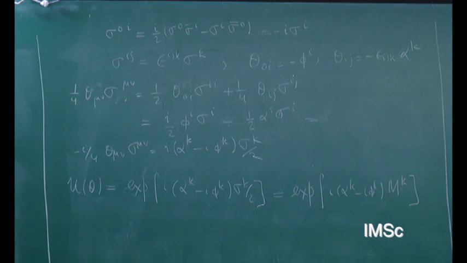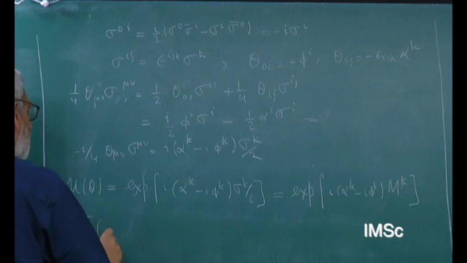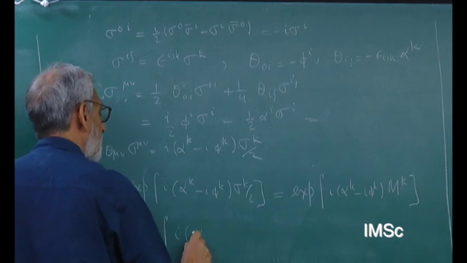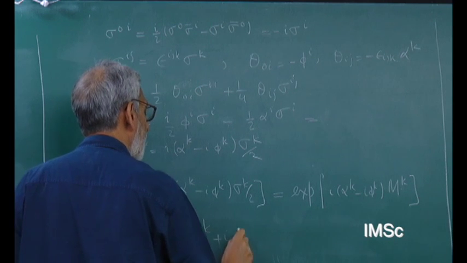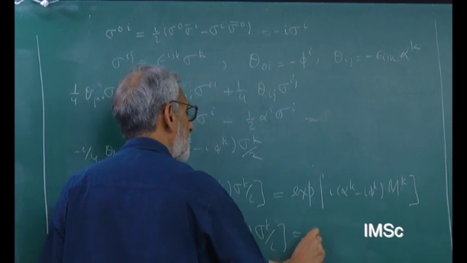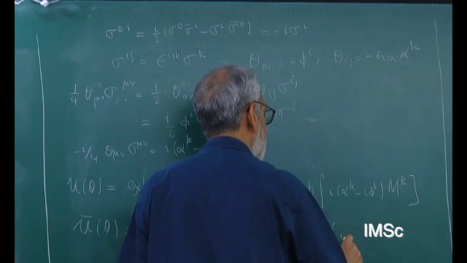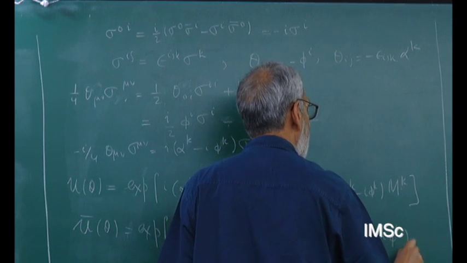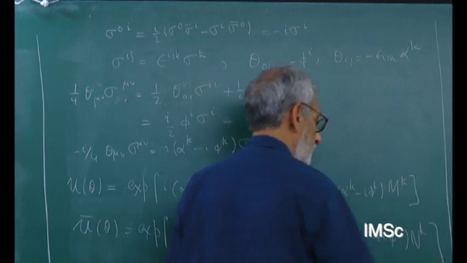And similarly U bar theta is exponential of i (alpha k plus i phi k) N k.